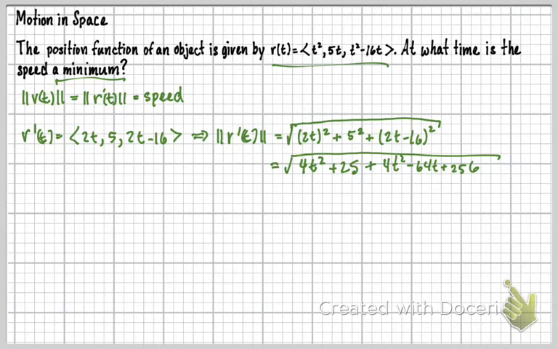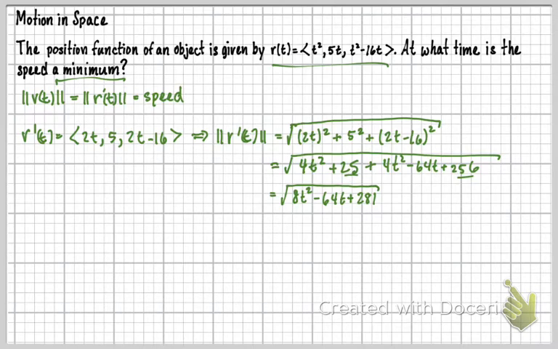It's better to clear it up as much as you can. So then this equals the square root, and we're going to put my t squareds together. So that's 8t squared minus 64t plus 281, all square rooted.